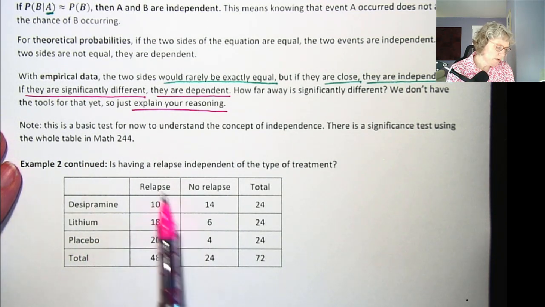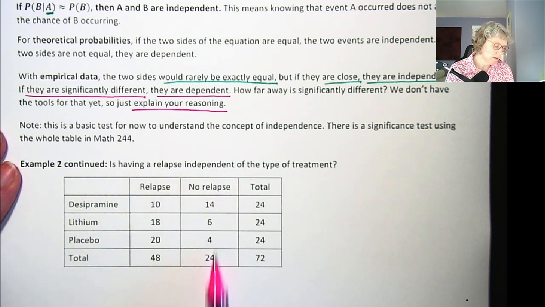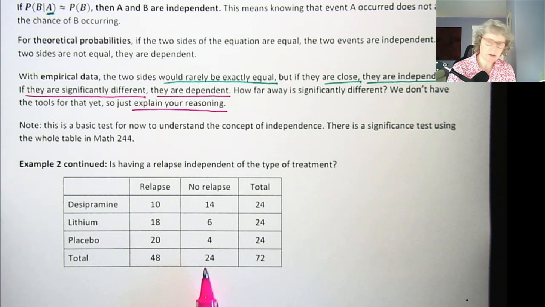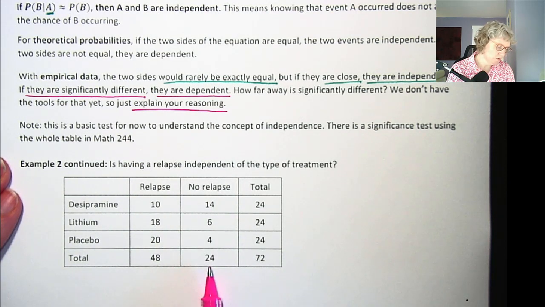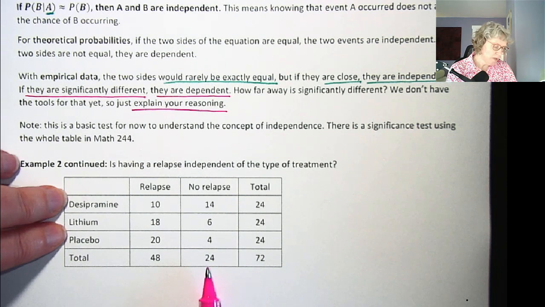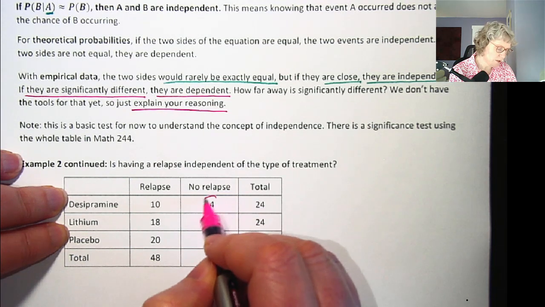What we want to look for is one of the results, relapse or no relapse. I'm going to go with the more positive one, no relapse, because that's a little easier when higher is better. The result we would want is for someone to not start using cocaine again, so to not have a relapse. Then we're going to compare that percentage in each group. You'll see in a moment that this is a conditional probability.